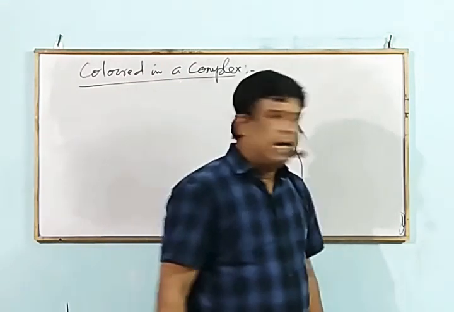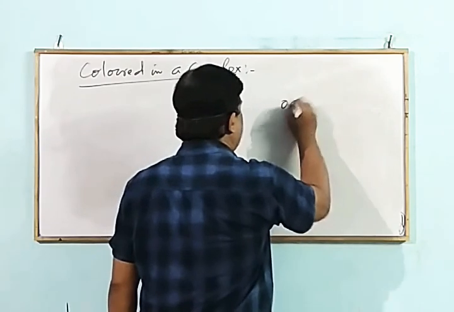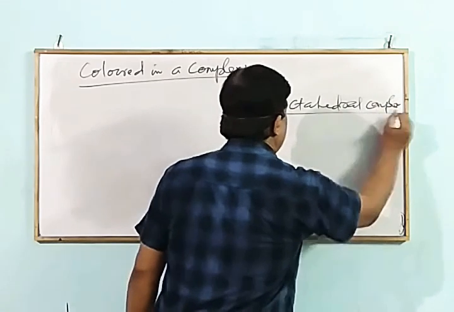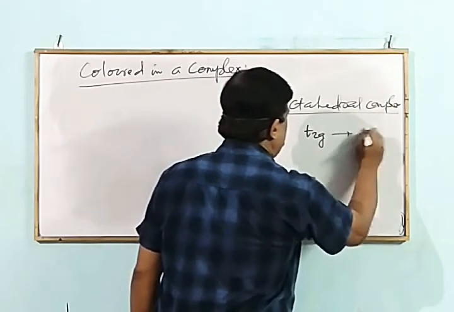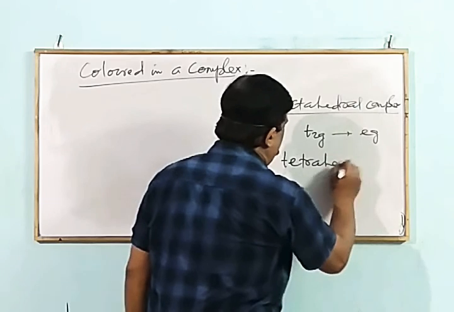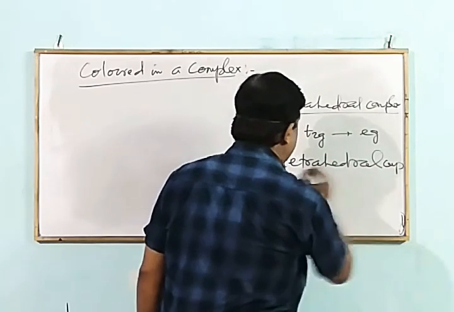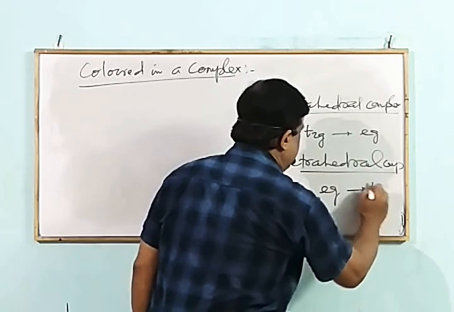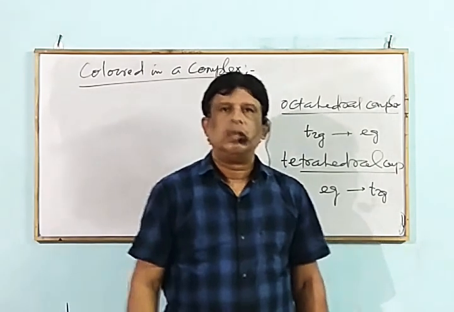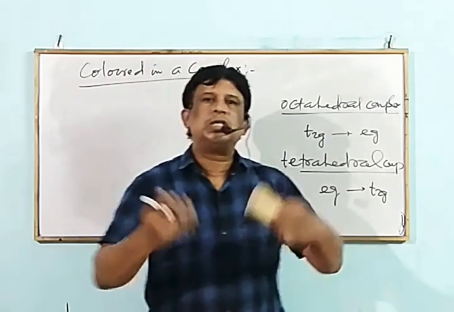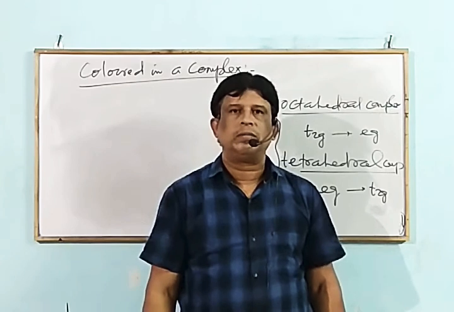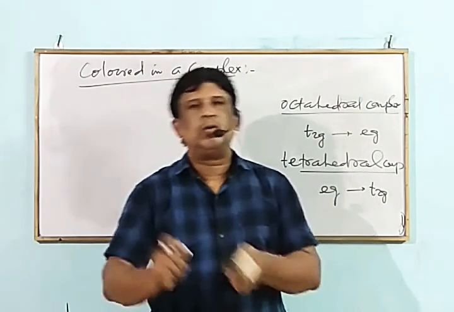And mark that in an octahedral complex, the electron jumps from t2g to eg, and in a tetrahedral complex, the electron jumps from eg to t2g, in the same subshell. Due to this excitation, due to this jumping of the electron, it loses energy in the form of light radiation. That's why a substance looks colored.